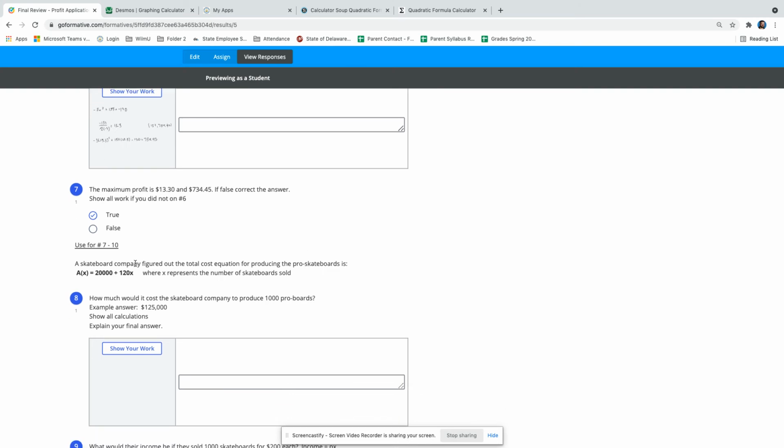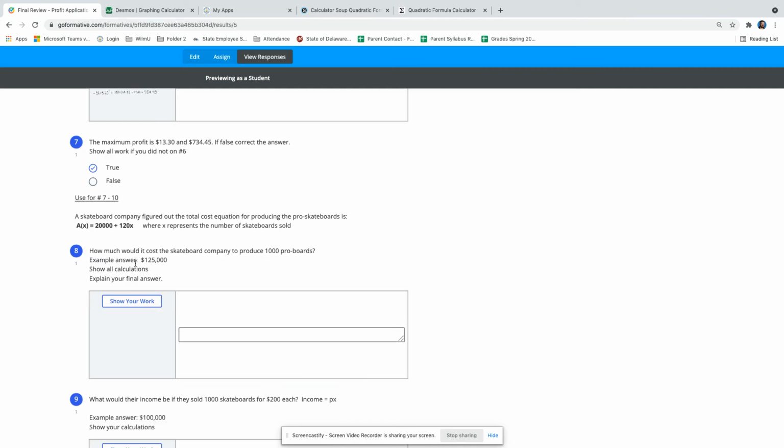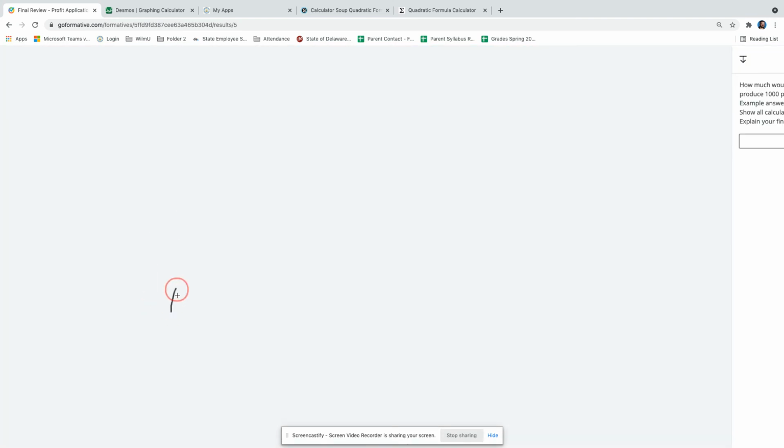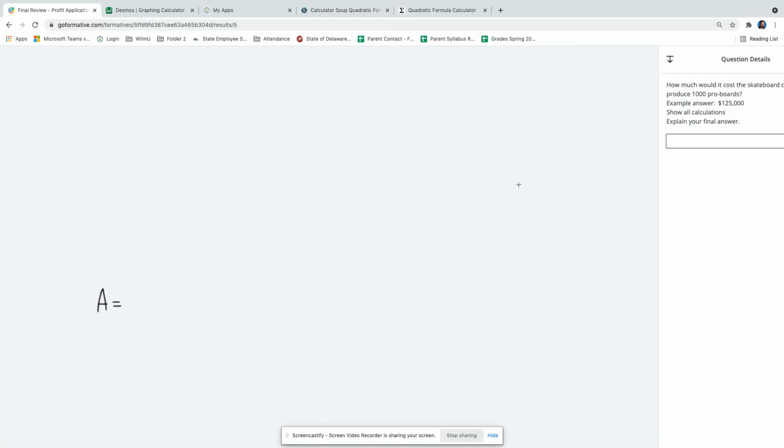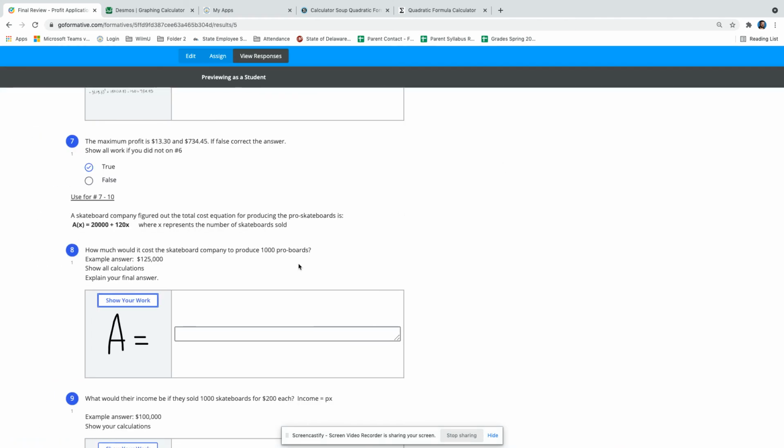Okay, next question. We've got some more questions down here. So we've got the cost equation for pro skateboards, given by this. If we make 1,000 pro boards, how much would that cost us? It is more obvious than you think. So all we're going to do is plug into our equation, 20,000 plus 120x.